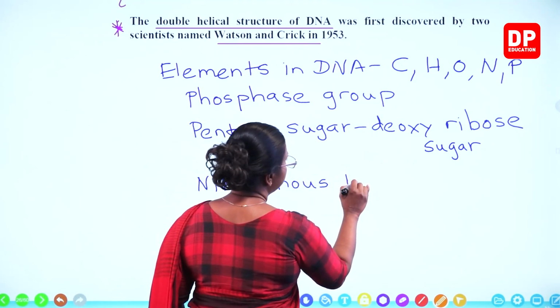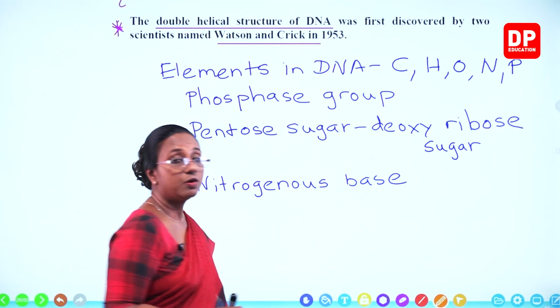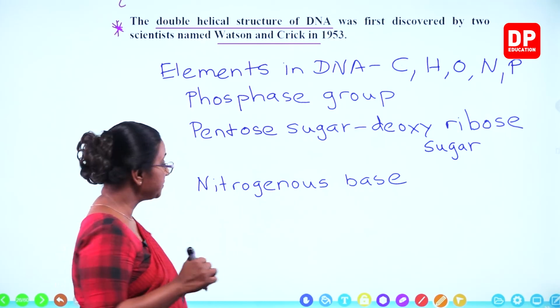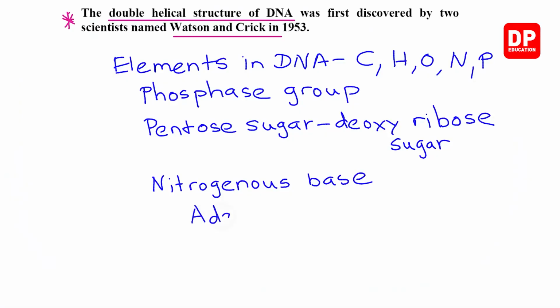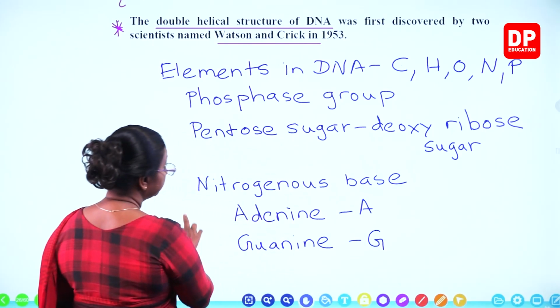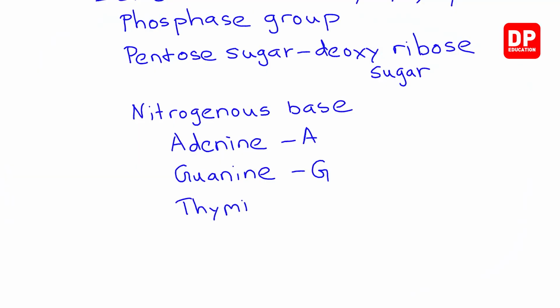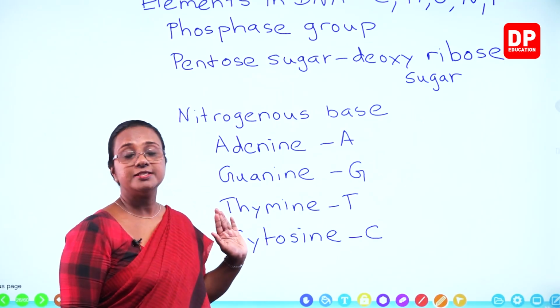Nitrogenous base. And here also there are 4 types of nitrogenous bases. Can you all remember the names? Adenine, that is denoted as A. Guanine, that is denoted as G. Then there is thymine, T, and cytosine, C. So these are the 4 nitrogenous bases.